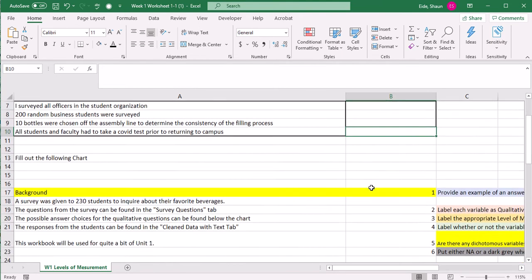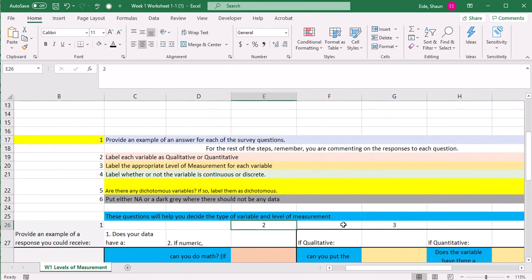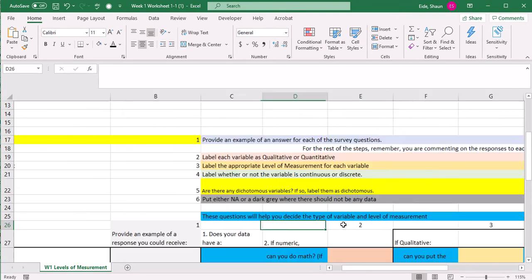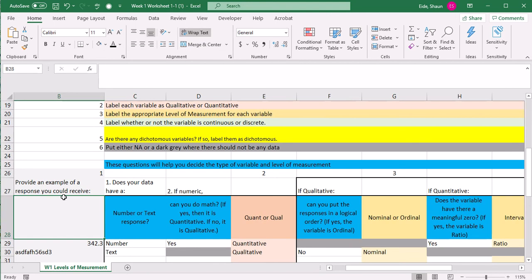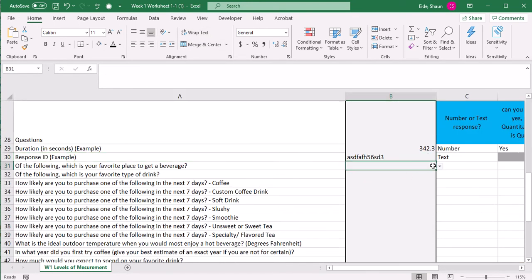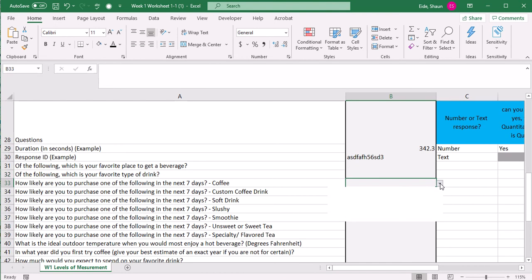Then the last one. Next, you're going to be filling out this chart. You'll notice that the numbers right here correspond with these numbers right here. So number 1, provide an example of an answer for each of the survey questions. I made this a little easier too, because I made drop-down boxes for the possible answers for a lot of them, so you can just choose one of these.